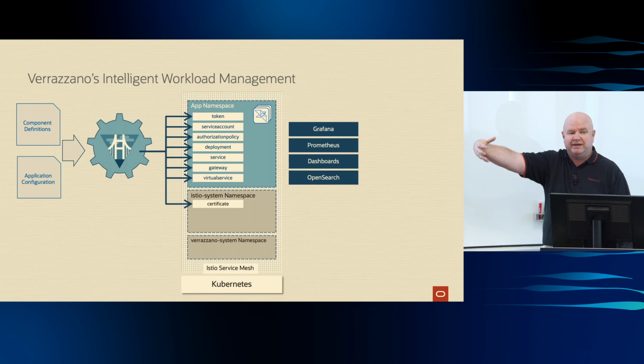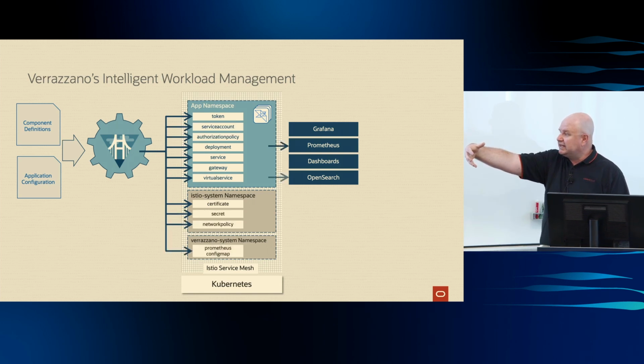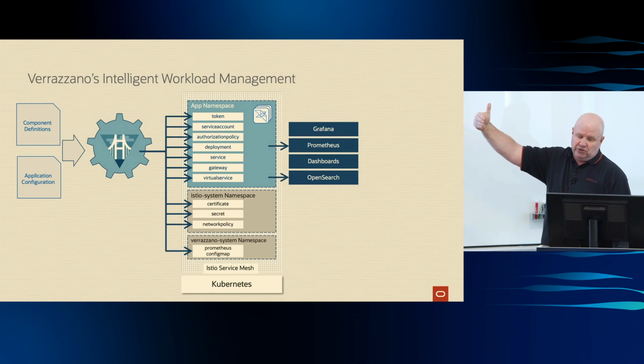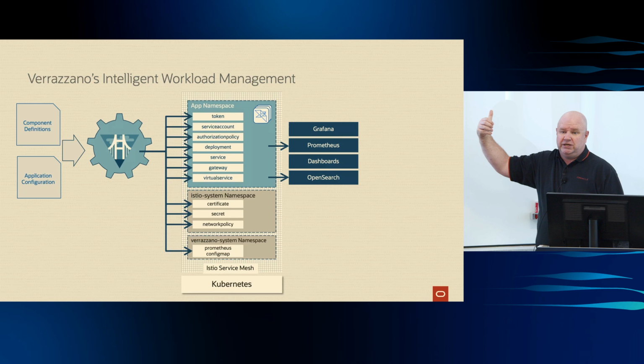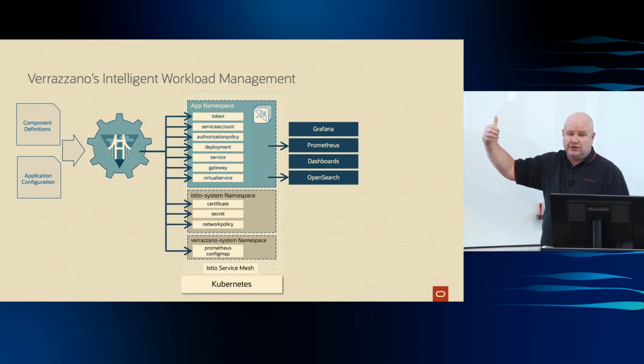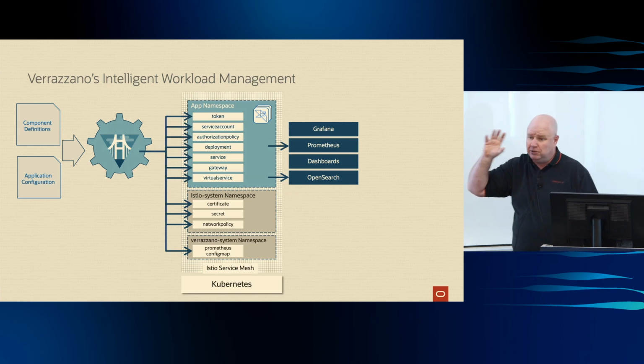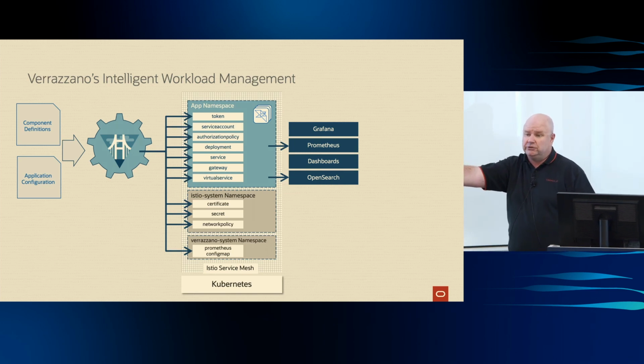We'll put them automatically into Istio, and also will create special connections to Prometheus and a special connection to OpenSearch through FluentD for scraping logs. This is what Verrazzano automatically does whenever you deploy your container into that Kubernetes.